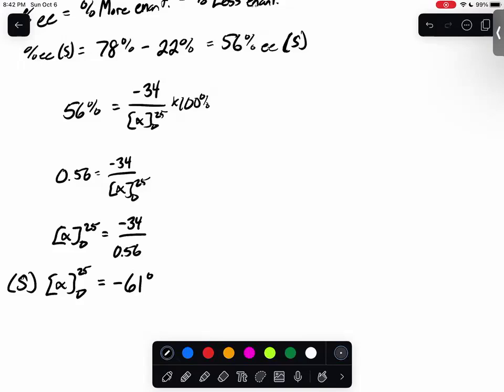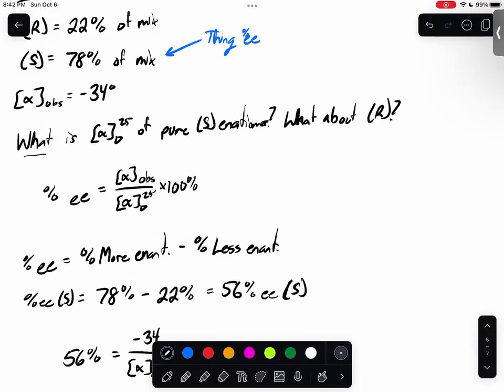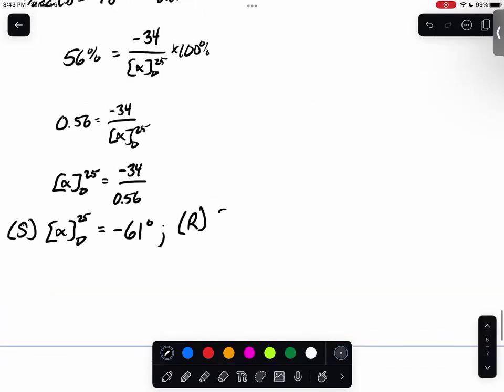And that also tells us the second question's answer, right? Because we just figured out what the pure S enantiomer is. What about R? Well, we know that the specific rotations are always equal but opposite. So the specific rotation for the R enantiomer is positive 61 degrees.